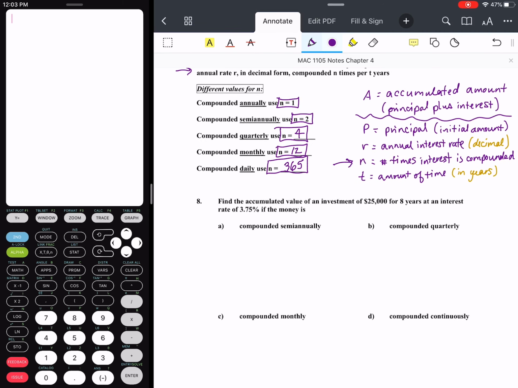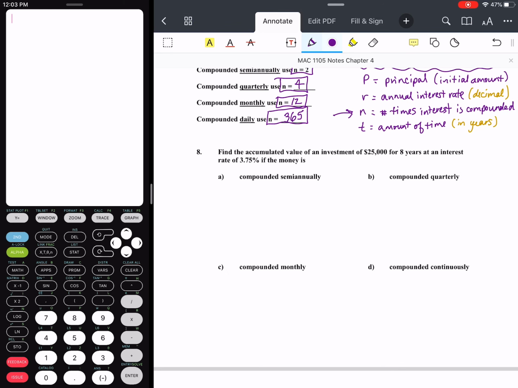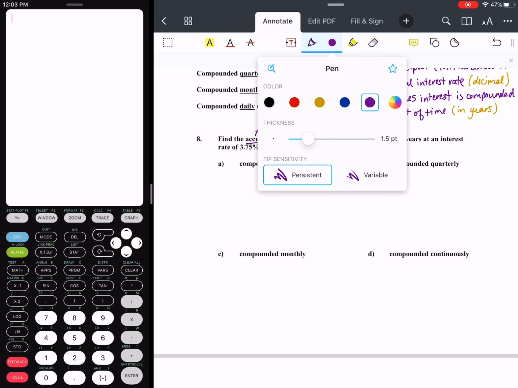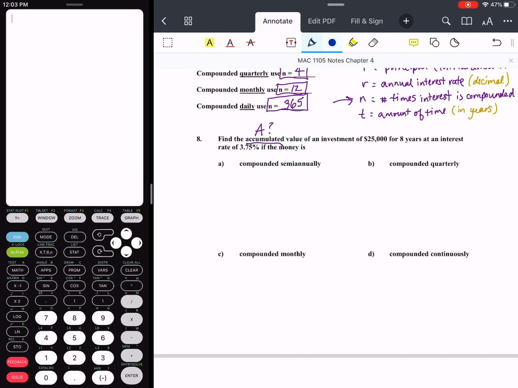So in this example down here, it says find the accumulated value. So we're trying to calculate A. We want to find the accumulated value of an investment of $25,000. This is going to be our P. So our principal P equals $25,000 for 8 years.